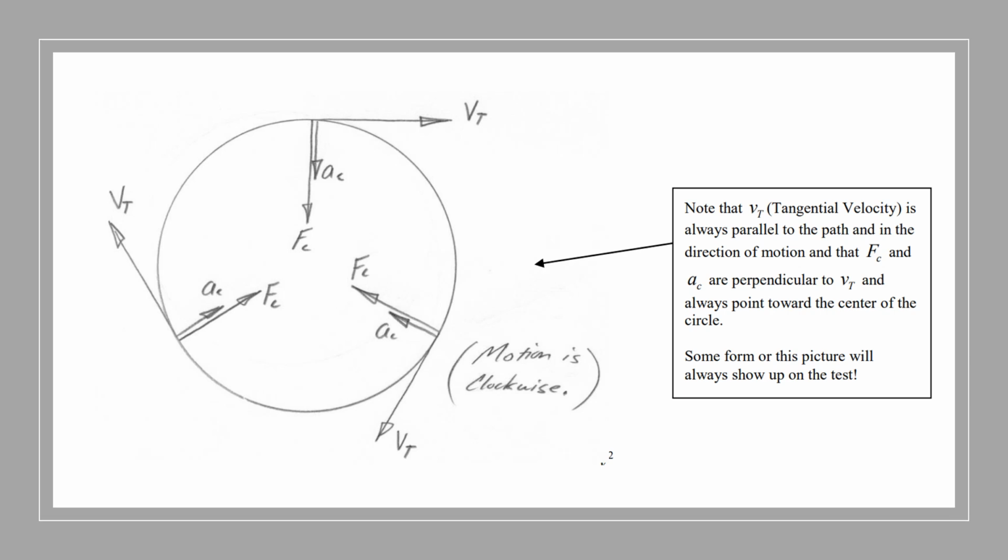So you can see that at every point, if this is spinning in a clockwise direction, we have the tangential velocities that would go off in each direction. If I'm saying I'm at this point or this point or this point, what's happening at each of these points?